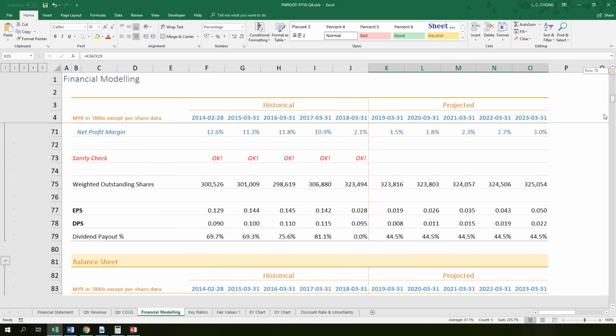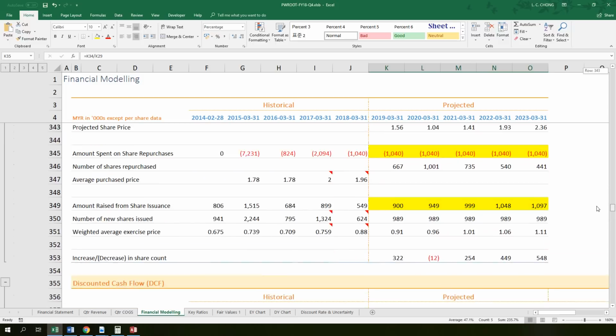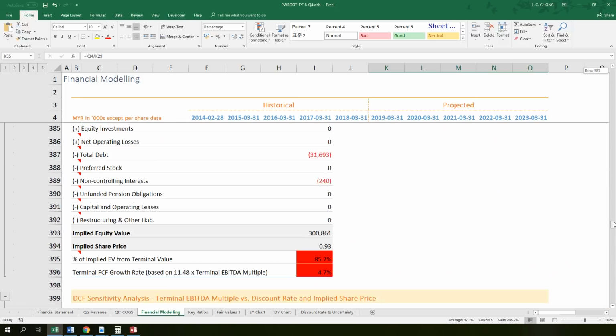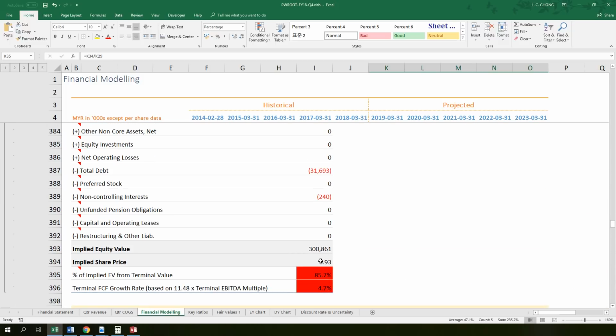Based on my DCF model, its intrinsic value is around 90 cents. I will send an email to Power Root and I will go to JB to attend the AGM to ask some questions.